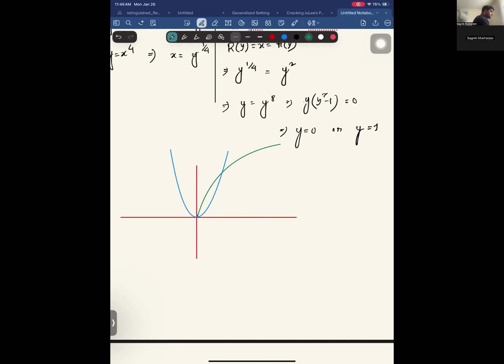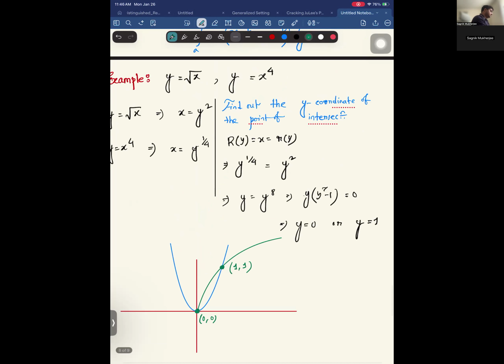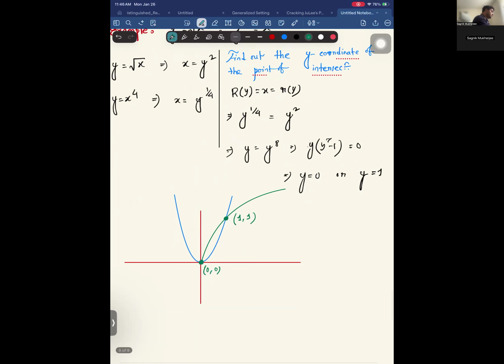Makes sense? So these are the points of intersection. I think this is (0, 0), and this is (1, 1), right? And you are rotating this around the x-axis.